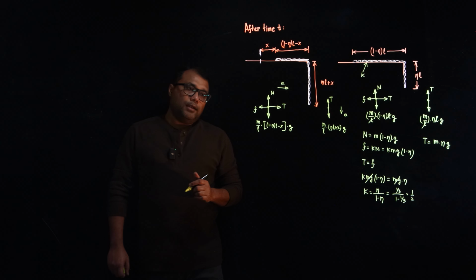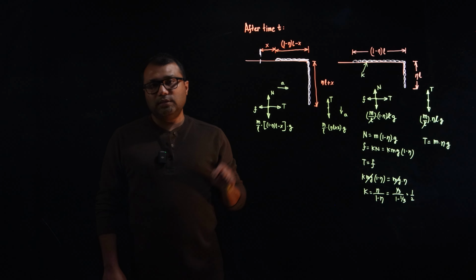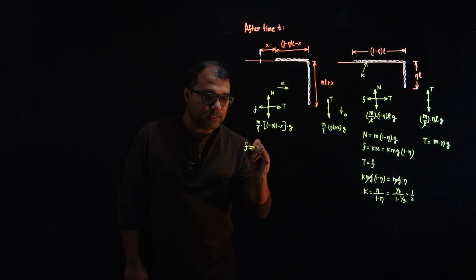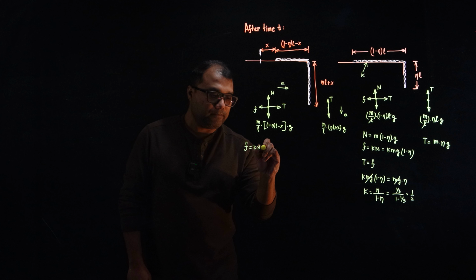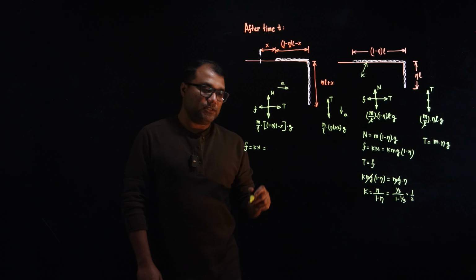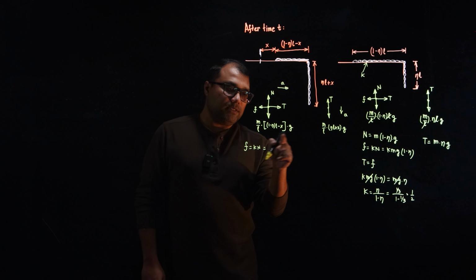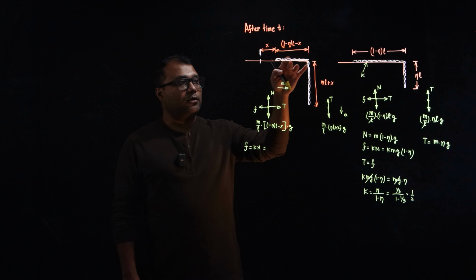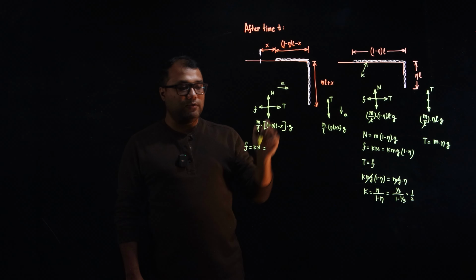Now all I need to find out is this friction force. The friction force will still be kN, the coefficient of friction times the normal reaction. And the normal reaction is still equal to the weight, the force of gravity, on this part of the chain.